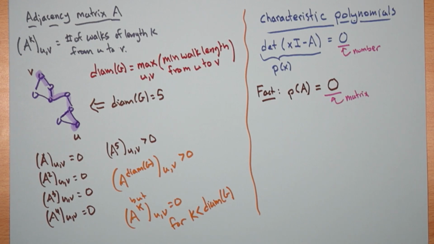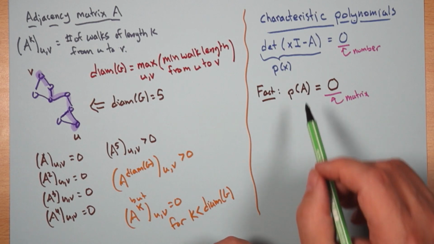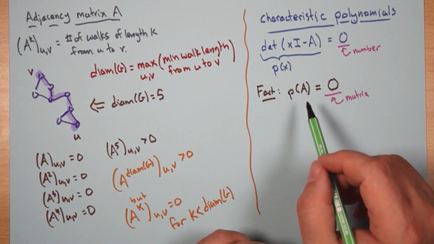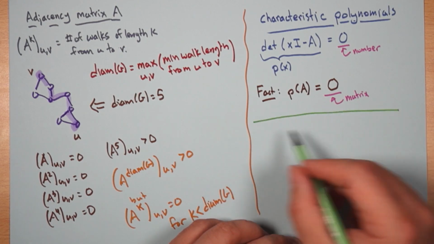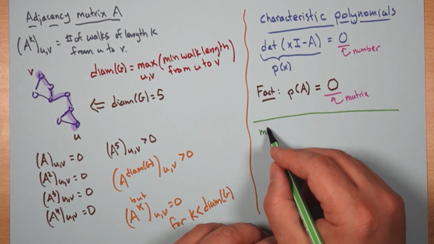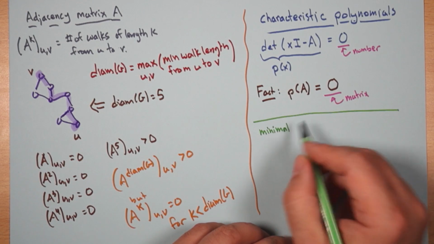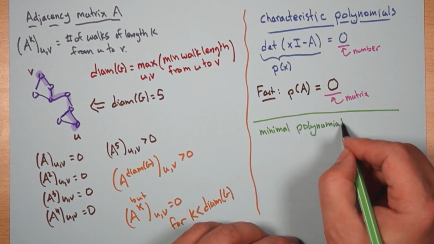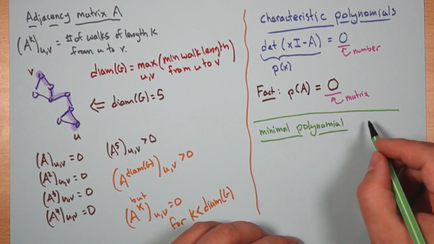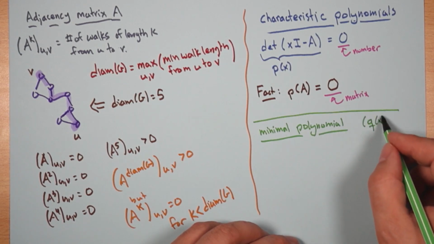Well, now what we'll do is say, okay, so we know that there's some polynomial that when you plug A in to that polynomial, you get 0, namely the characteristic polynomial. There's this related fact, which is called the minimal polynomial. So the minimal polynomial, I'll call it q of x.